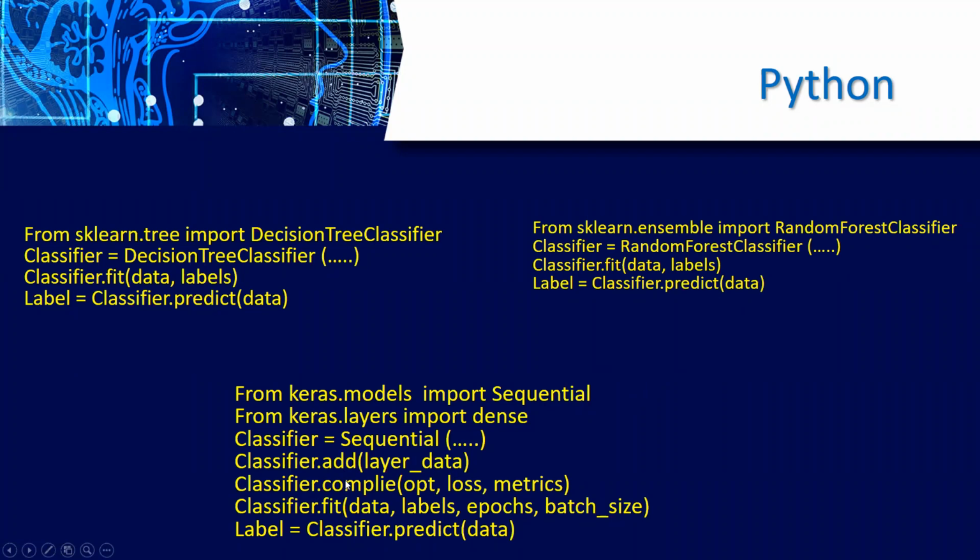After adding, we compile it using options: what the optimizer is, is it Adam, what the loss is, and what metrics we have to use. I will discuss all these one by one. At the end, we train it using the fit method and use the predict method for inference. Like this, we perform training and inference using Python inside our local systems.